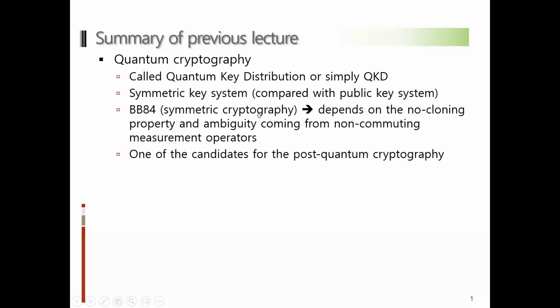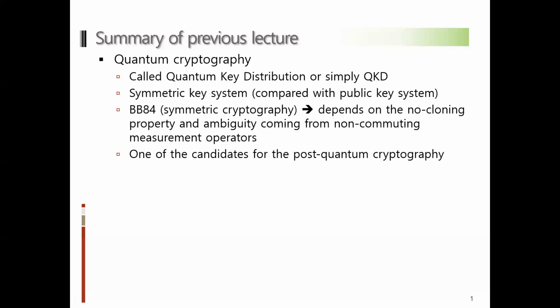When Alice and Bob compare their measurement results, they can tell during which interval the eavesdropper was working, and then they can just drop the entire generated key during that interval.